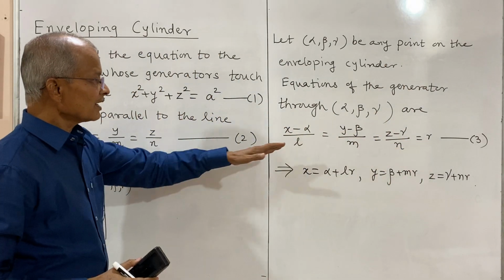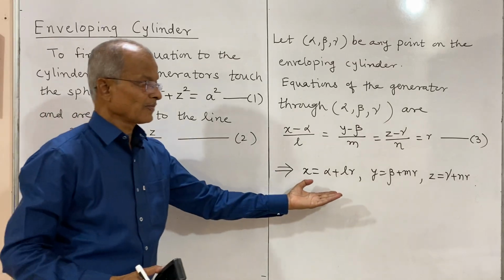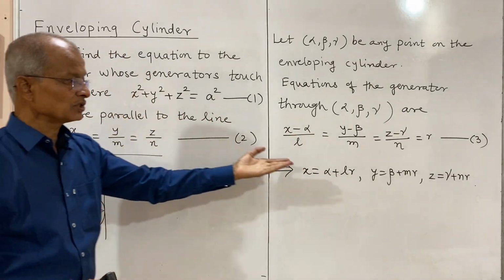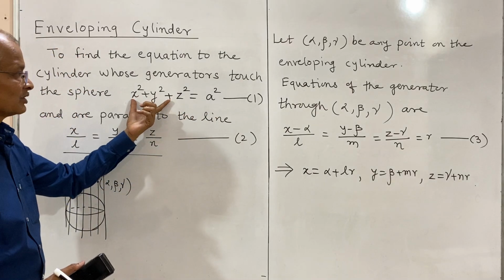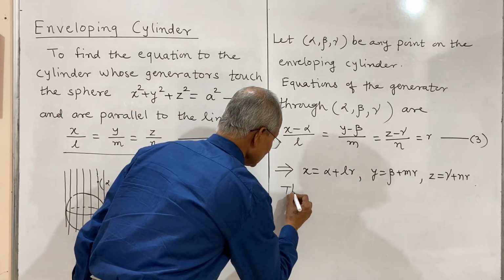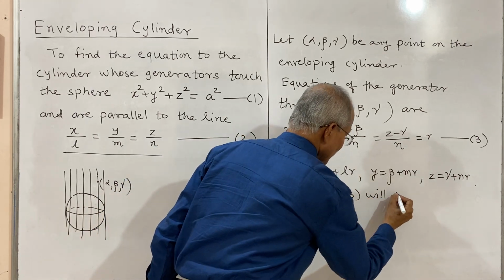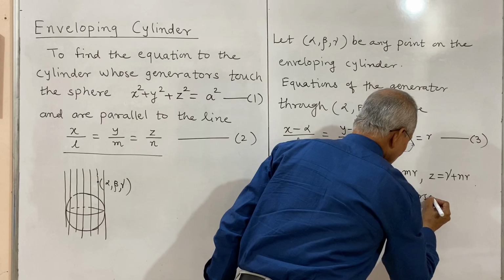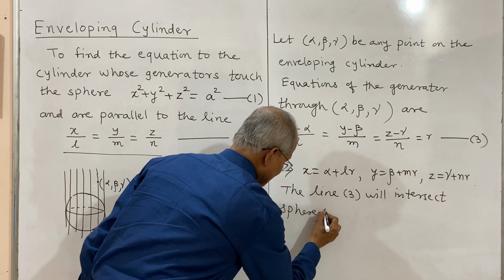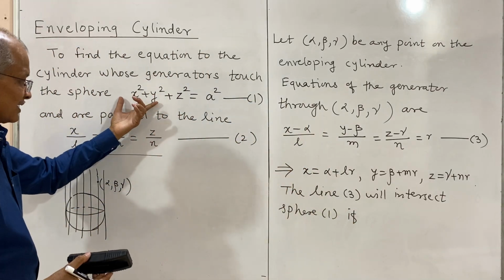Therefore the coordinates of any point on this generator will be of this type, and this line 3 will intersect sphere 1 if these coordinates satisfy the equation of the sphere. So the line 3 will intersect sphere 1 if the coordinates x, y, z satisfy this equation.